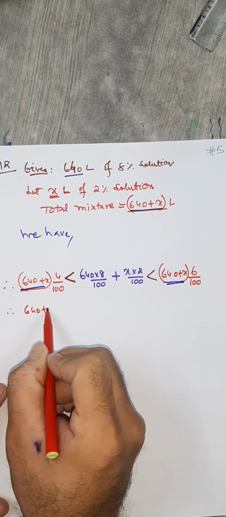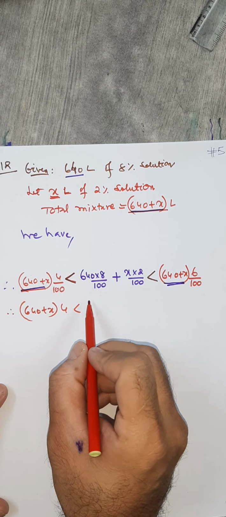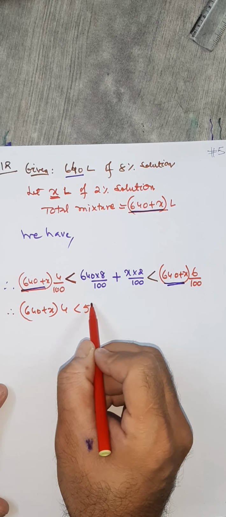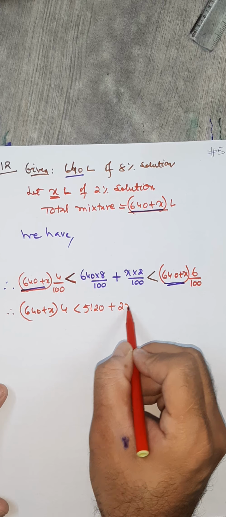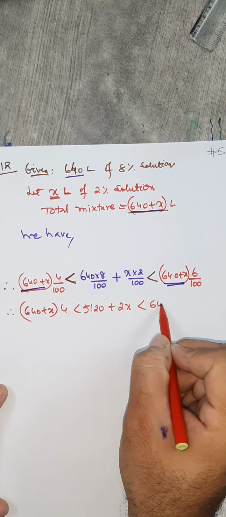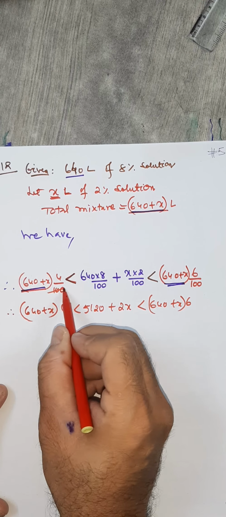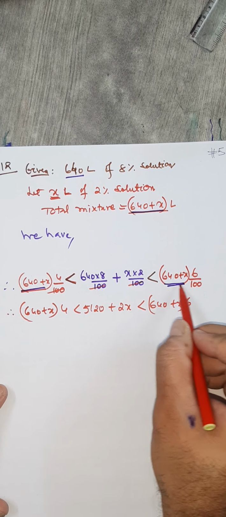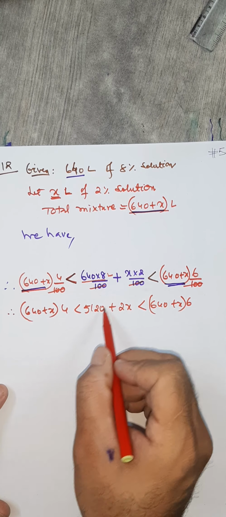So this is 640 plus x into 4. If you simplify, this would be 5120 plus 2x, less than 640 plus x into 6. I would just cancel 100 from this inequality throughout. Multiplying this, we get this much.